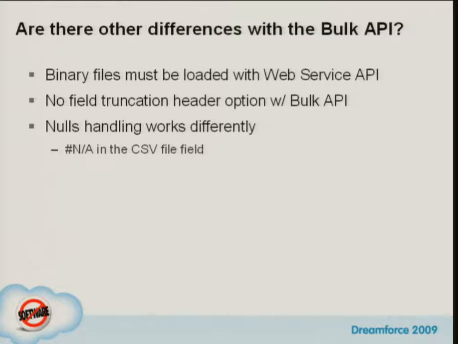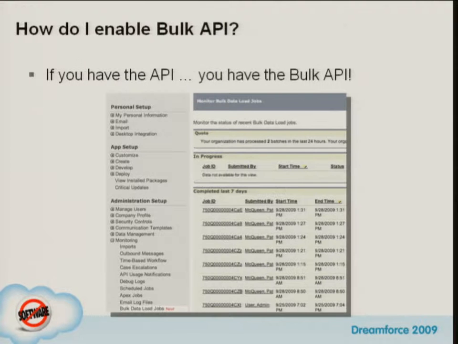We just went GA with this, and there are currently things it's not supporting, like binary files, and null handling is a little different, so some adjustments need to be made. But overall it's a very comparable set, and we're working on expanding this as we go. Really it's very similar.